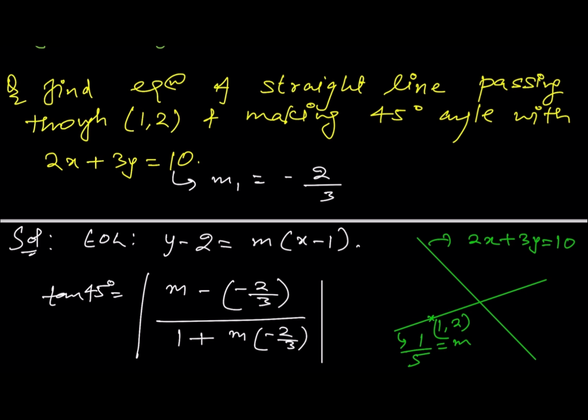So the line is also possible which is passing through the same point and is perpendicular to this line having slope 1/5. So this slope is −5.